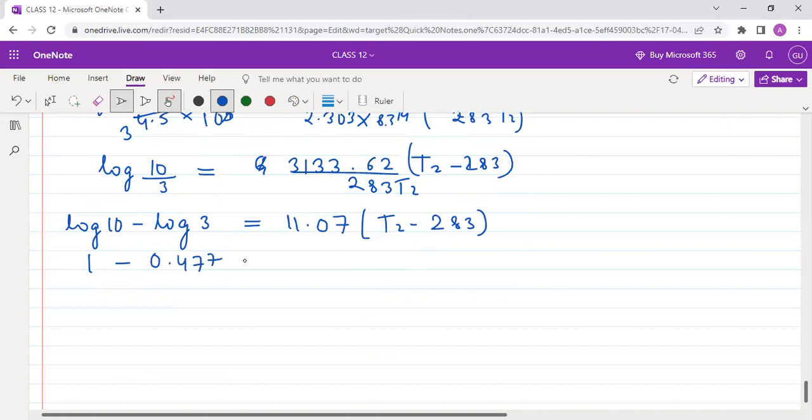Okay, so if you solve this, 1 minus 0.477, what is the answer?